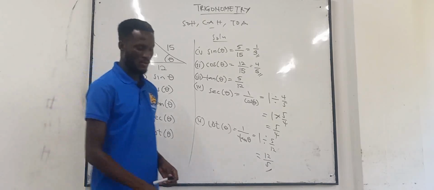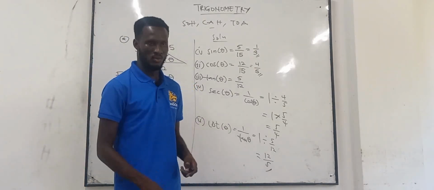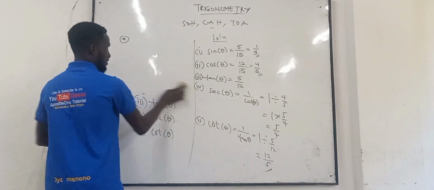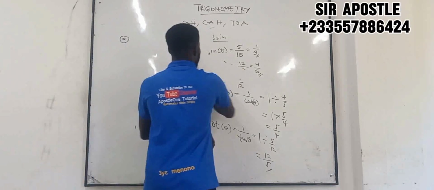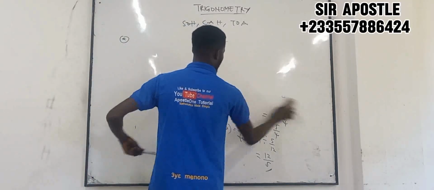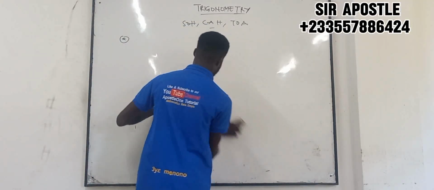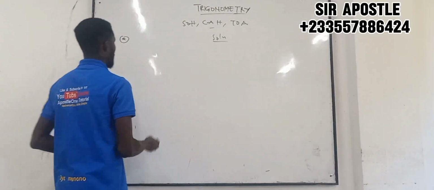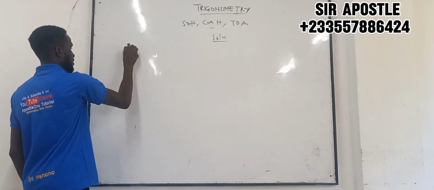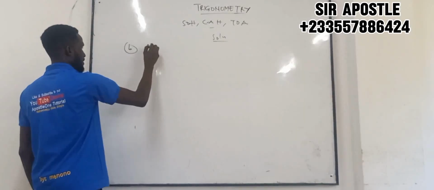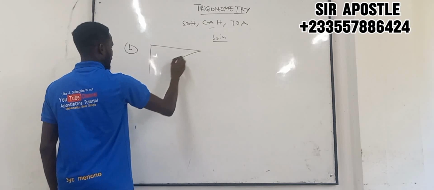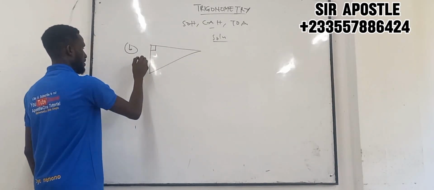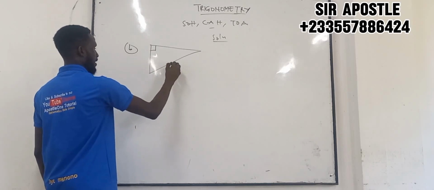Now let's take the second question and let's see how it works. Now B, let's consider this particular right-angled triangle. Here is 90 degrees. This side is 5.